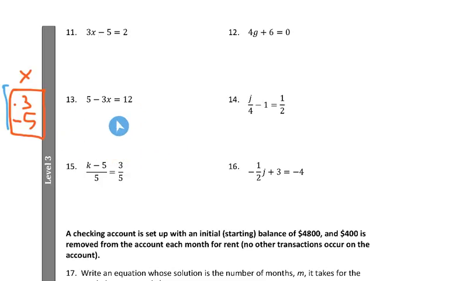Anytime I'm looking at my variable, if I ever see a minus sign right in front of it, it's just always easiest for me to make that a plus negative. Now, the reason why I can do that is, for example, if you look at 3 minus 2, 3 minus 2 equals 1. And also, 3 plus negative 2 equals 1.